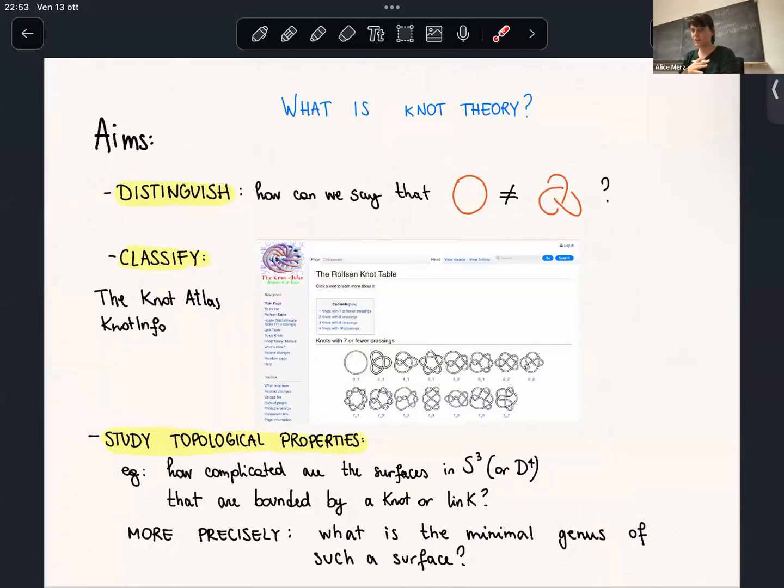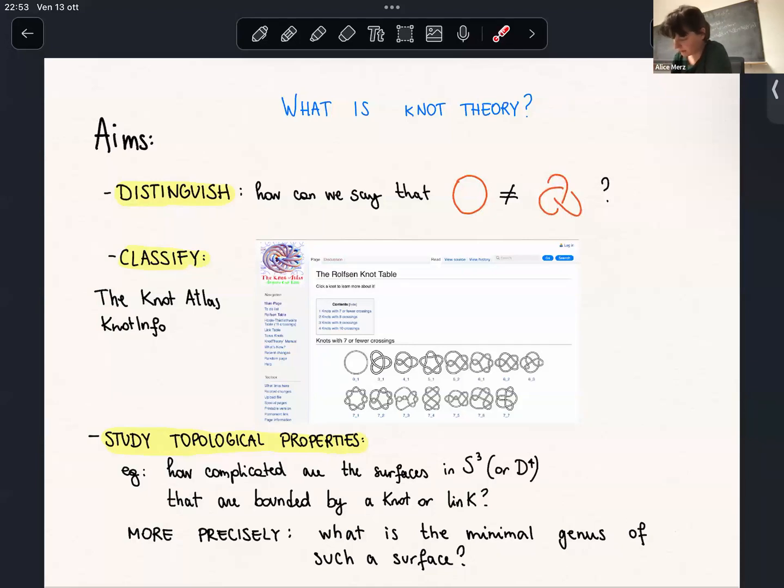I did this introduction to tell you something about knot theory and what the main goals of knot theory are. One very important goal is to distinguish knots, so to be able to formally say that, for example, the trivial knot is different from the trefoil knot. How can we do that?